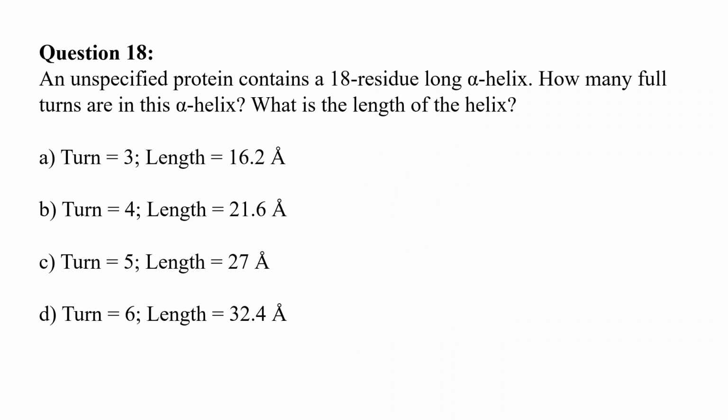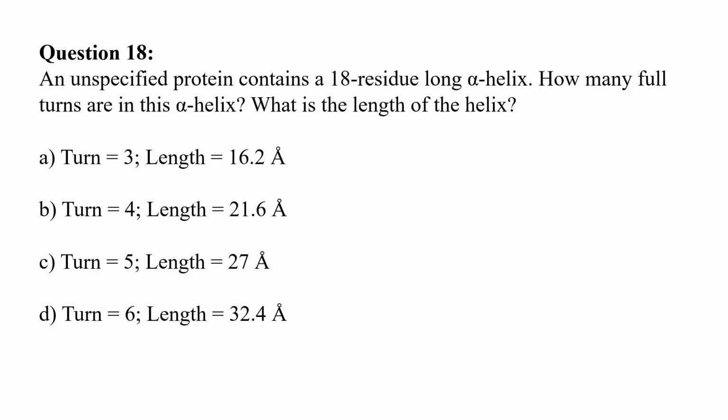Okay, moving on to the next question. Question number 18. An unspecified protein contains an 18 residue long alpha helix. How many full turns are there in this alpha helix? And what is the length of the alpha helix?